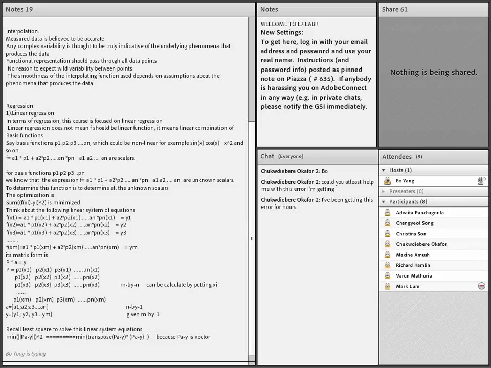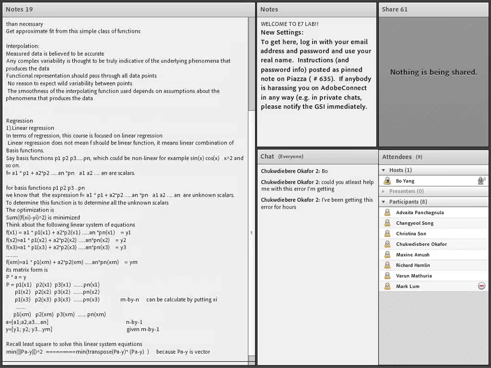So it is equivalent to minimizing the transpose of (PA minus y) multiplied by (PA minus y), because we know that P is an m by n array, and A is an n by 1 vector. So P acting on A is an m by 1 vector.